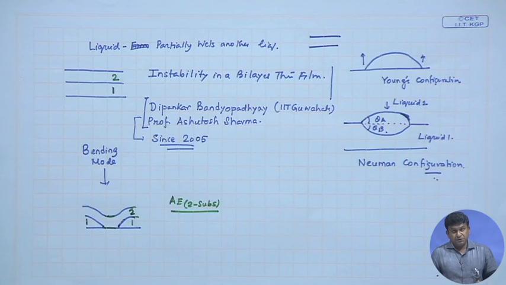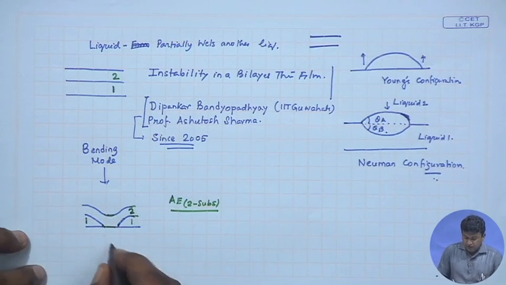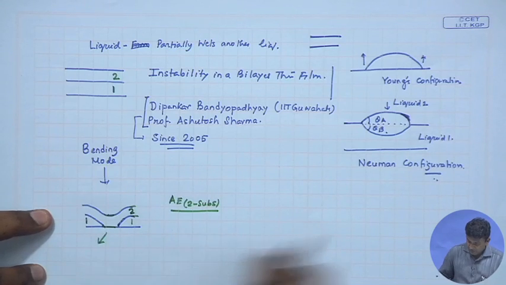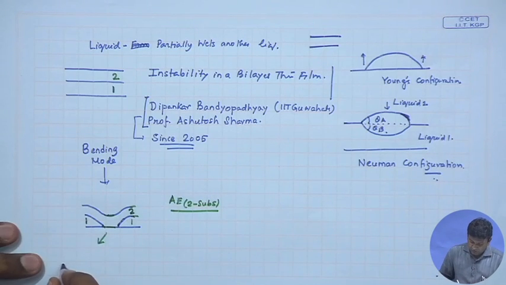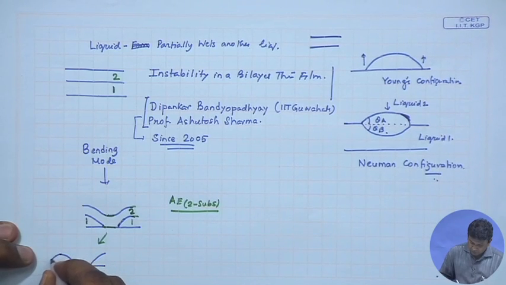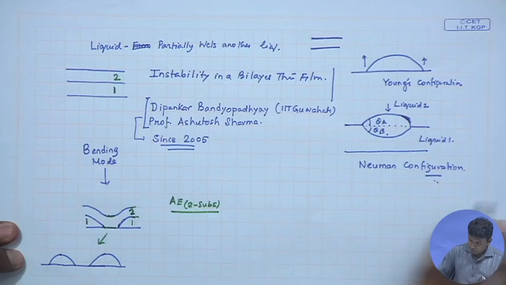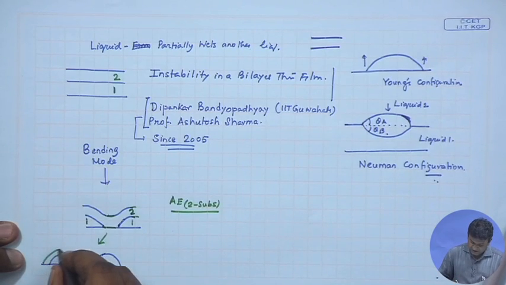Depending on whether this is positive or negative, if it is positive, then there is a possibility that this particular layer will also rupture, and as a result you are likely to get structures like this.